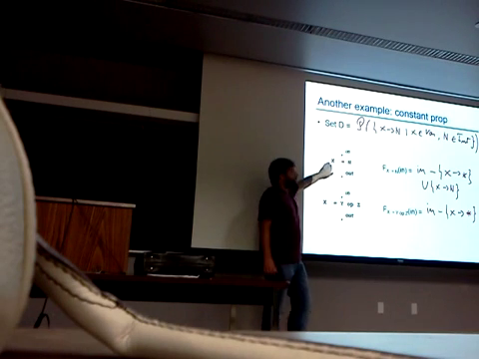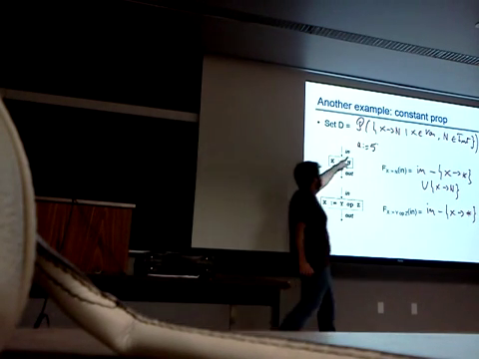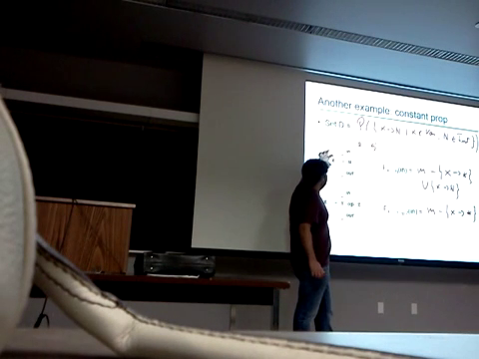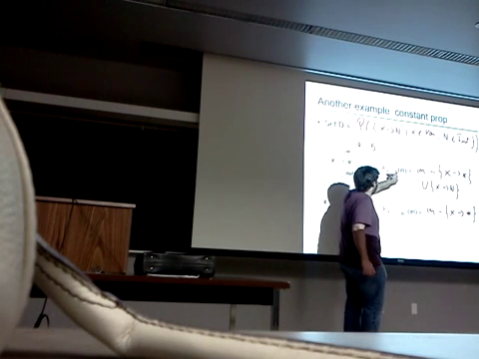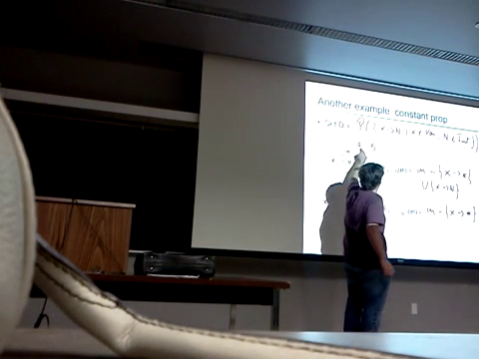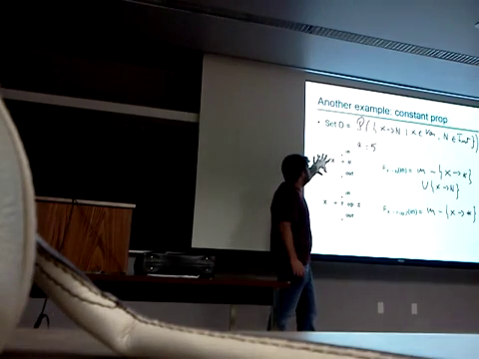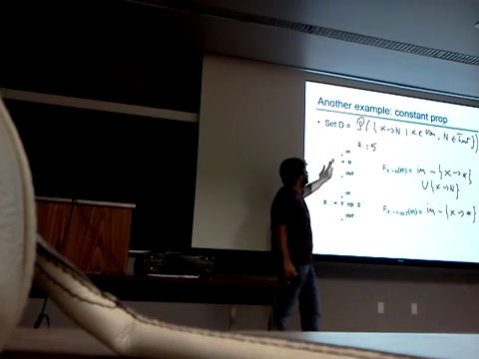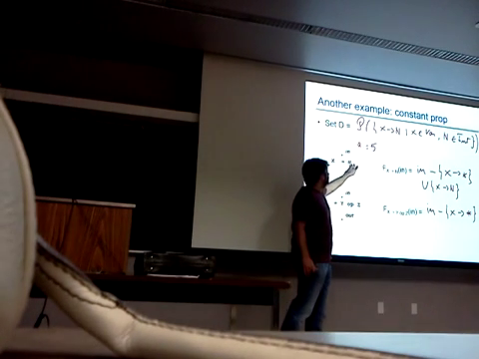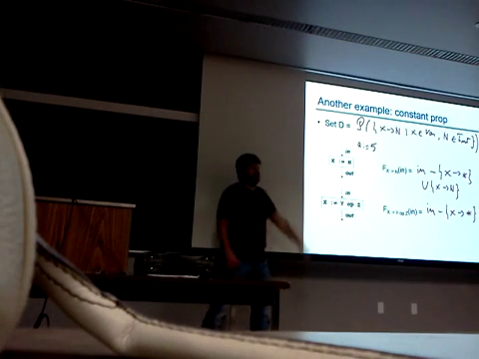So if I have in my program something like lowercase a is equal to 5, the way I'm going to know how to handle the flow function is I'm seeing the pattern here, which is now this capital X, which ranges over lowercase variables, is going to be a, and this n is going to be 5. So here I'm writing essentially the flow function for this pattern, right? All statements of this form, where you're assigning a constant literal into a variable, that's what this flow function is for. Does that make sense?